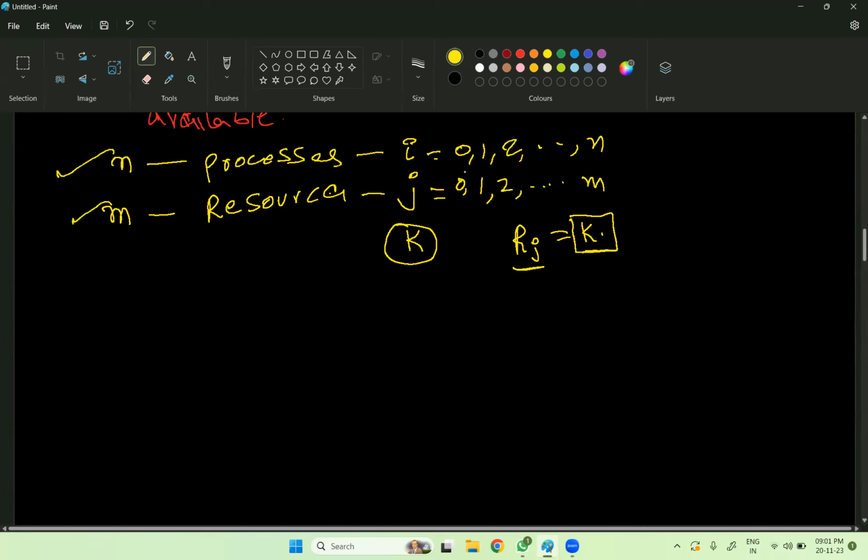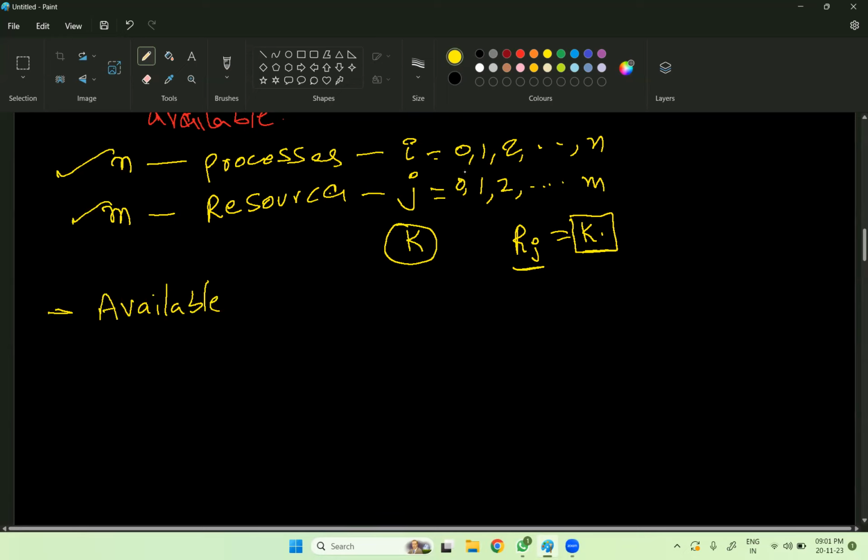Now, what are the data structures which could be used here? First one, very important, is available.